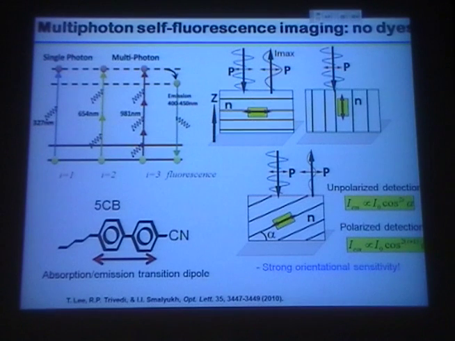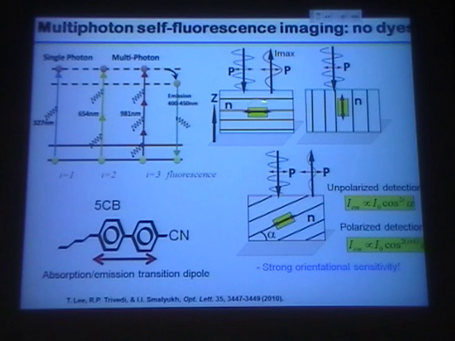Now, just like in the case of a single photon absorption process that we could use, say, in confocal microscopy, in the case of multiphoton fluorescence imaging, we'll have very strong orientational sensitivity. Apparently, if we go from linear processes to nonlinear optical processes, this sensitivity becomes even stronger, right?